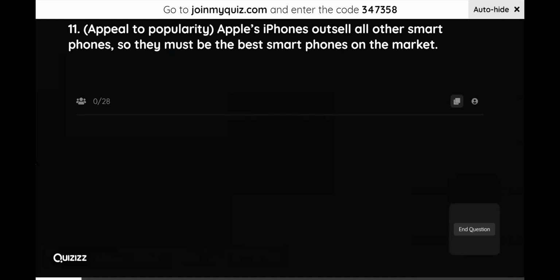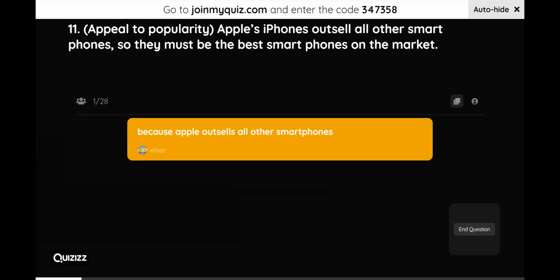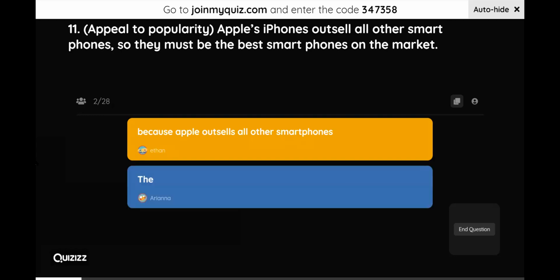It says, briefly describe how the stated fallacy occurs in the argument. So this is a bit of an open-ended question. So just write something. There you go. Because Apple outsells all other smartphones. So how is this an appeal to popularity is what they want to know.